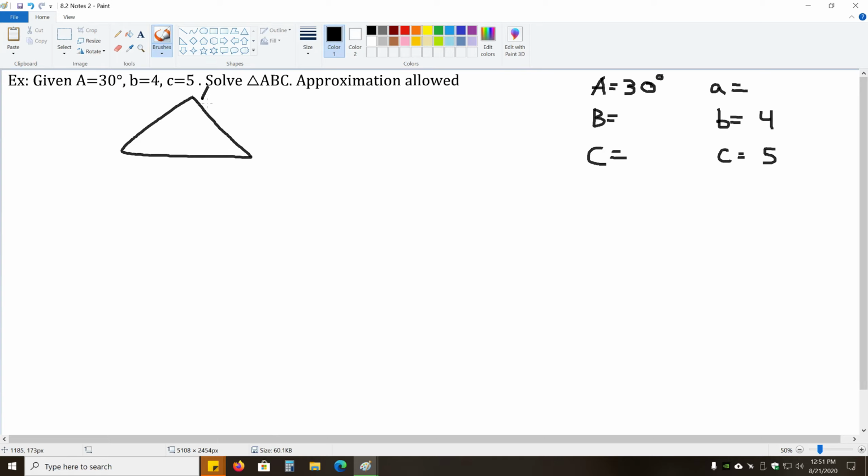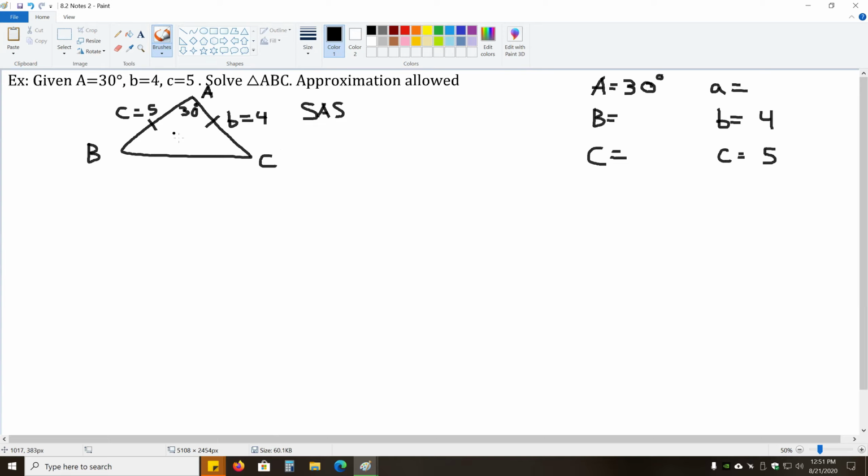Angle A, we'll put here, is 30 degrees. We'll put angle B here and angle C here. So side B is equal to 4 and side C is equal to 5. So notice we were given a side angle side triangle, which means the law of cosines does apply.